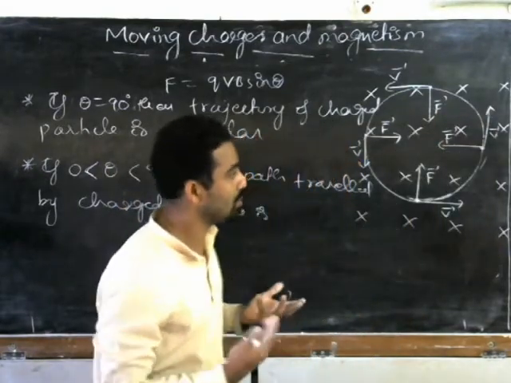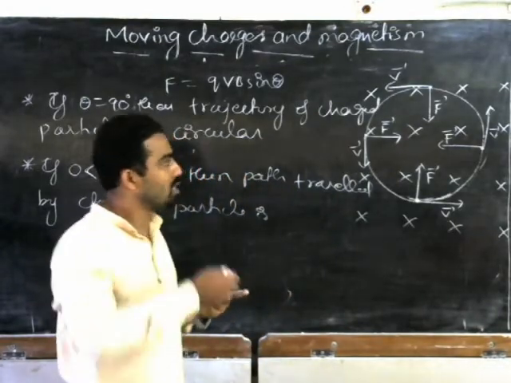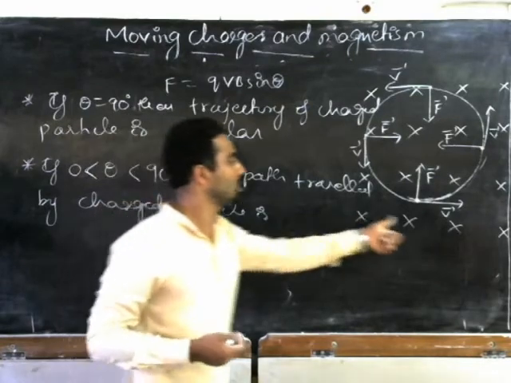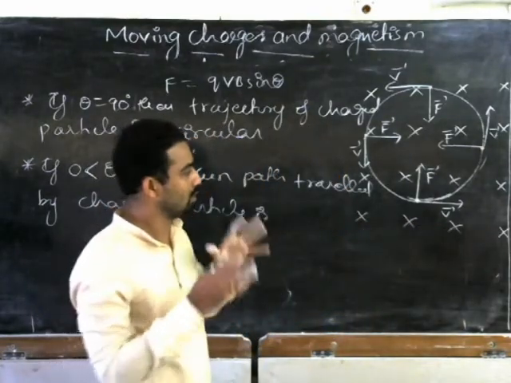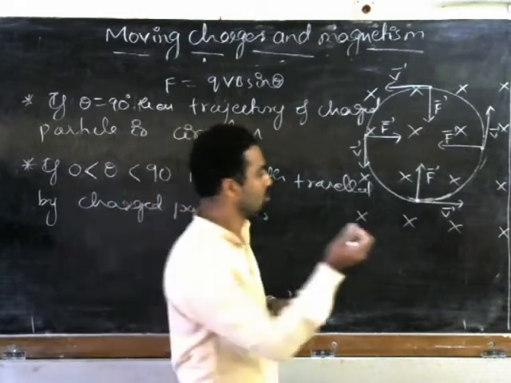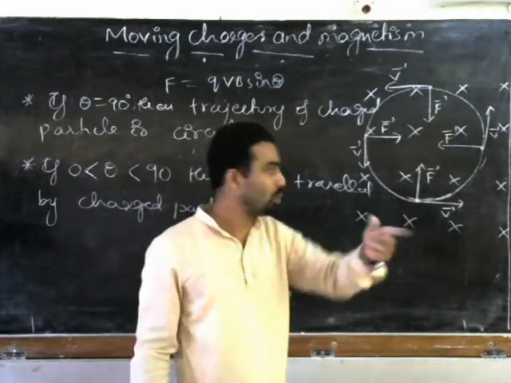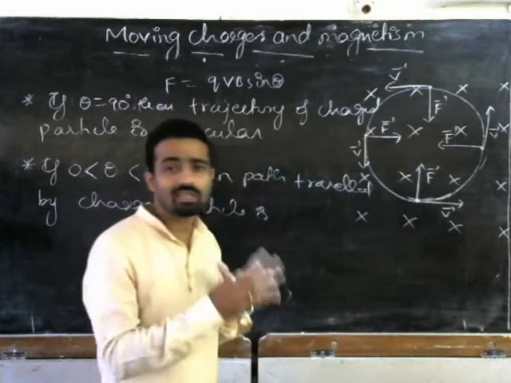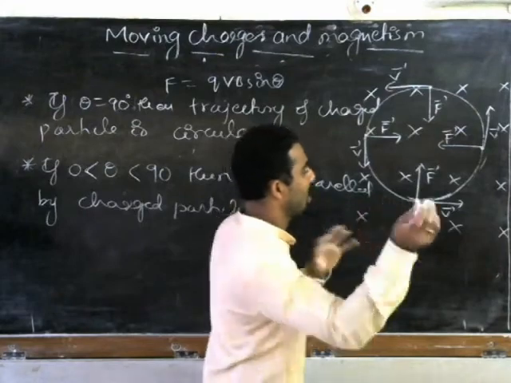In other words, there are some threads I tied to these points. Imagine that those threads are the magnetic field lines which are going inward. So if this is the condition, the lines are like this, that means the threads are tied like this.